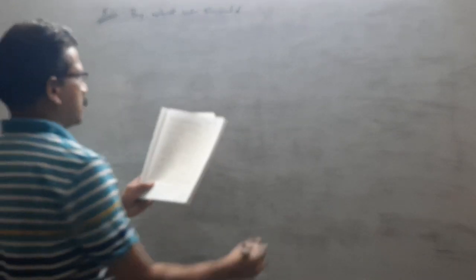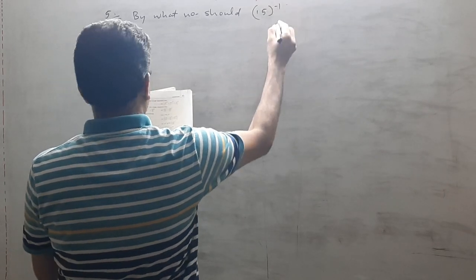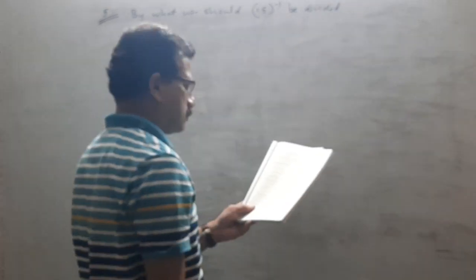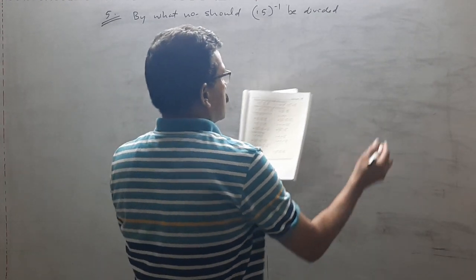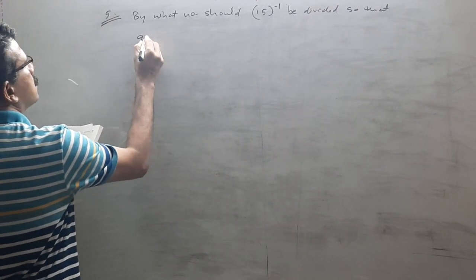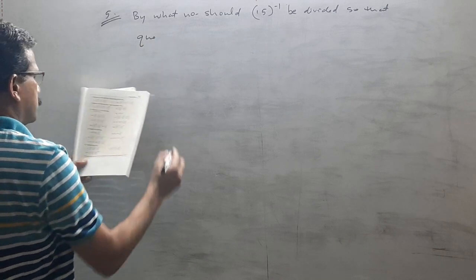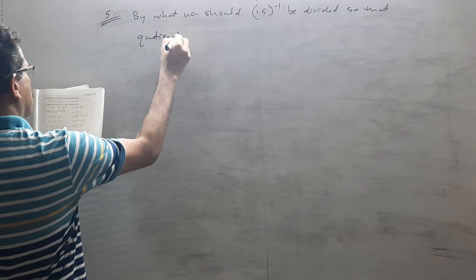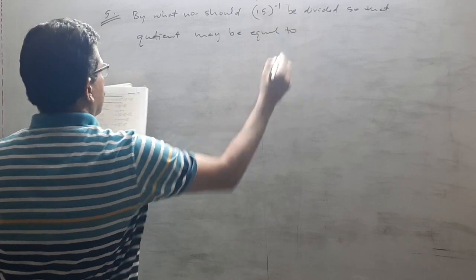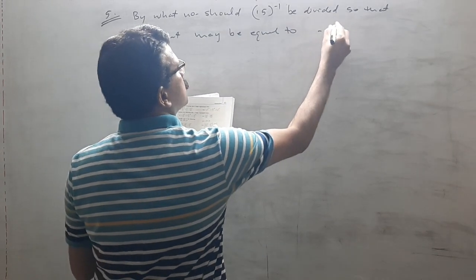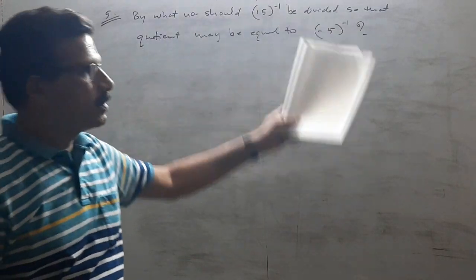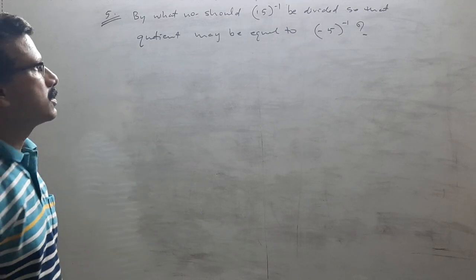By what number should 15 to the power minus 1 be divided so that the quotient becomes minus 5 to the power minus 1?